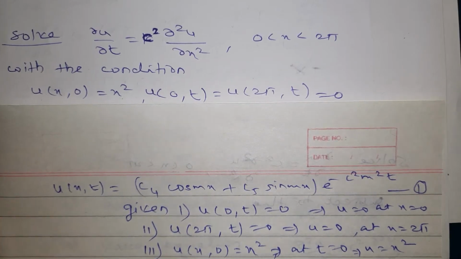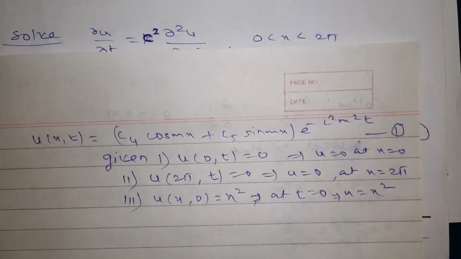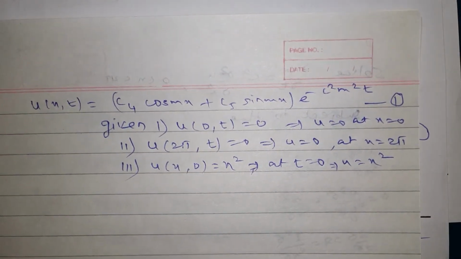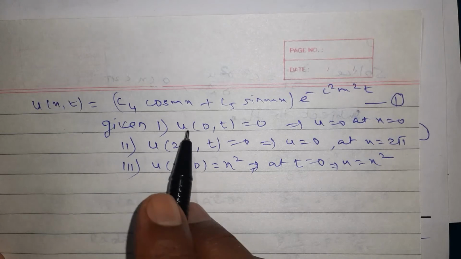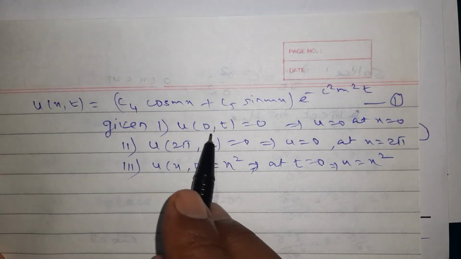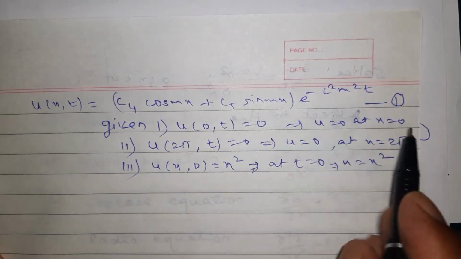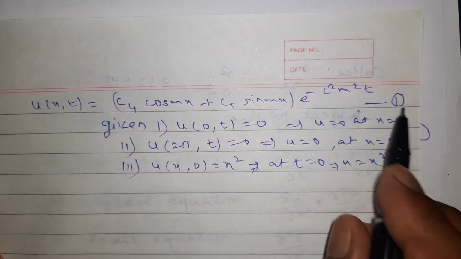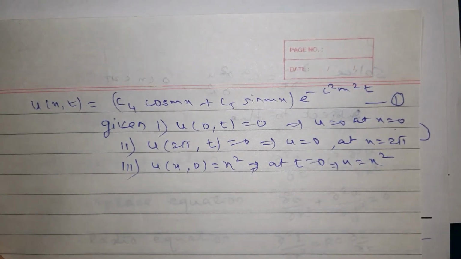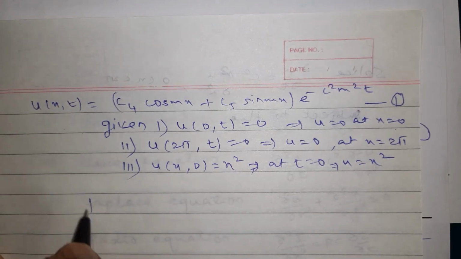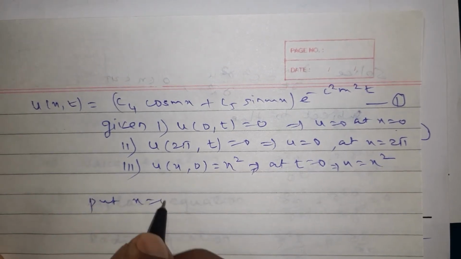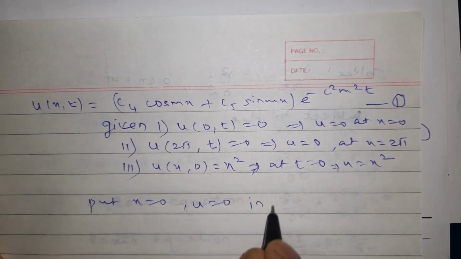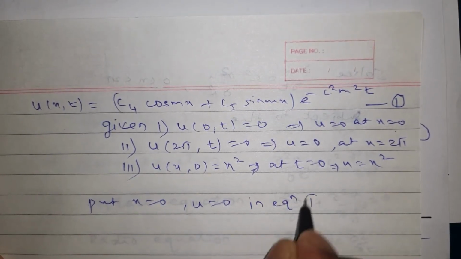Okay. Now let us solve this problem. Very easy, and we can easily solve it. Use the first condition. u(0,t) = 0 means I have to substitute x = 0, u = 0 in equation 1.